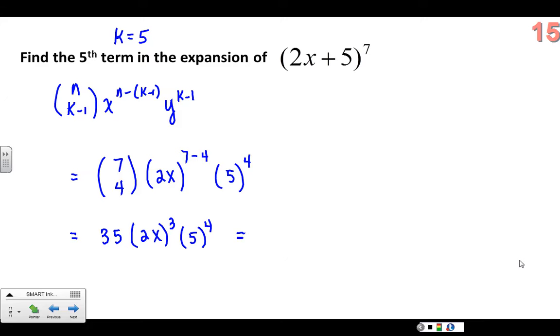So working that out, you get 35 times 8x cubed, and 5 to the fourth is 625. So working that all out, 35 times 8 times 625, 175,000 x cubed.